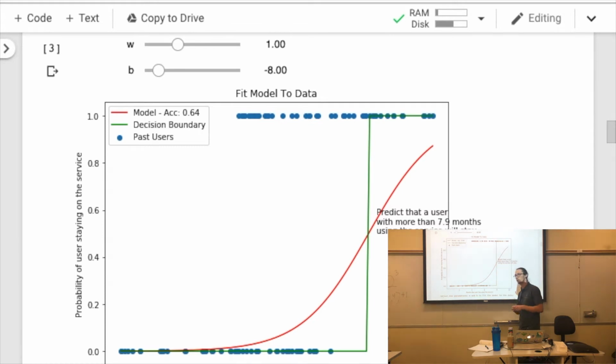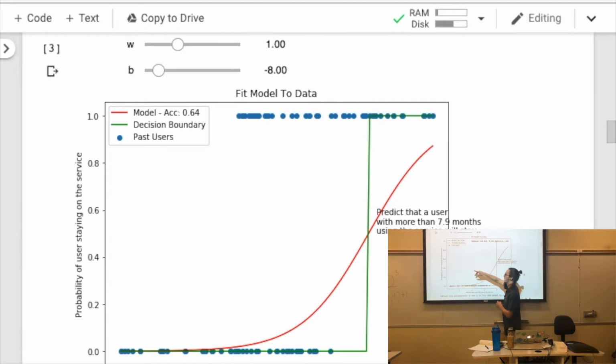Each blue point is a customer. Let's look at this customer in specific. This customer has been using the service for, let's just say, about 6.5 months. And they did not leave the service. None of these customers left the service of Spotify. All of these customers are observations of customers who did leave the service.